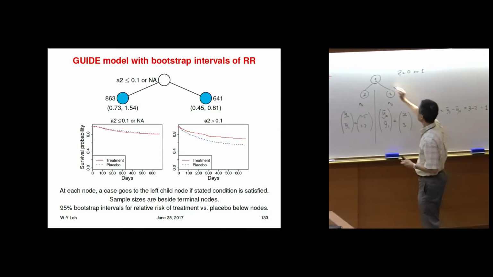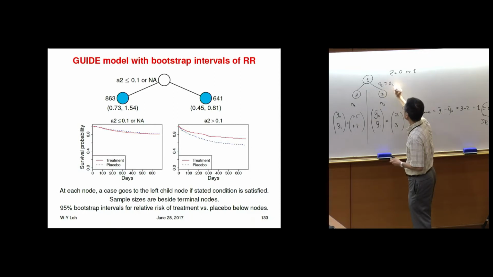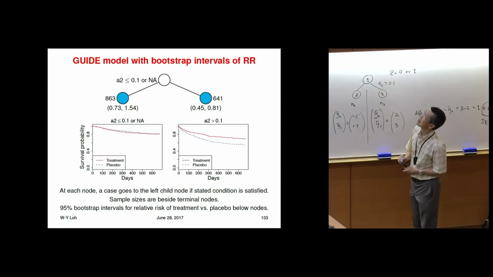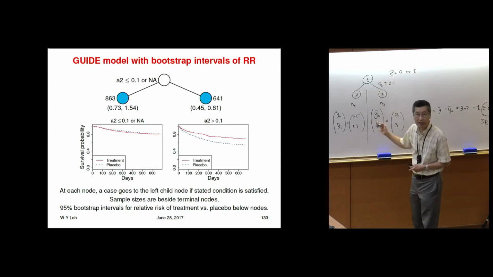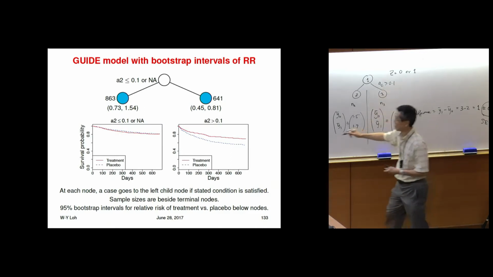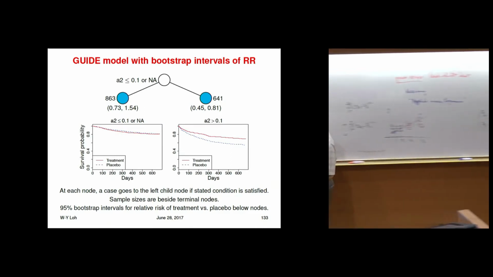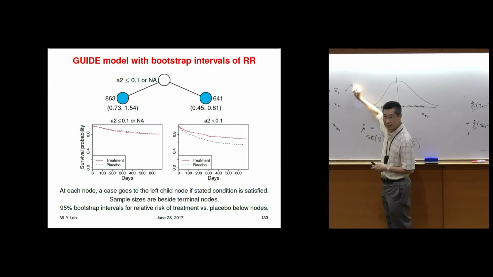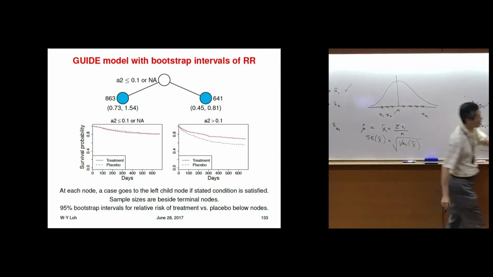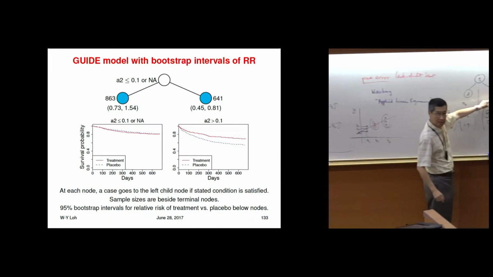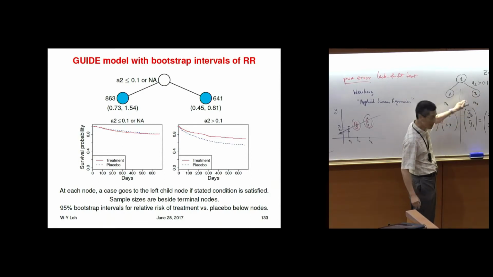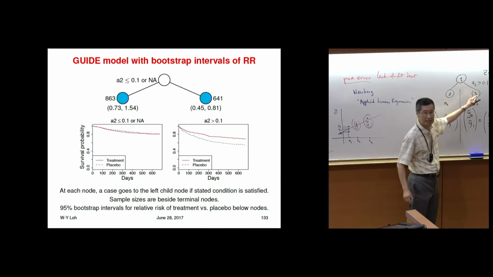You see, in this tree it says A2 bigger than 0.1, right? So this is your first draw, right? So the mu, the mean of this node, the mean for either treatment, it depends on this set.